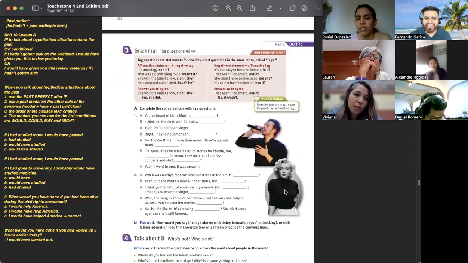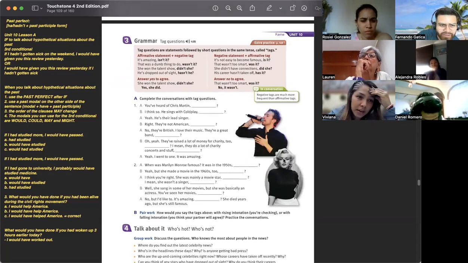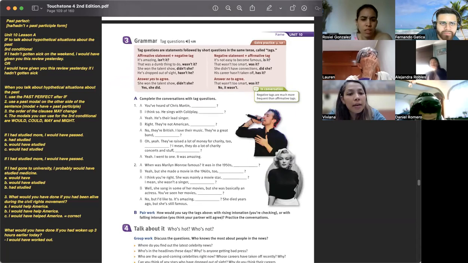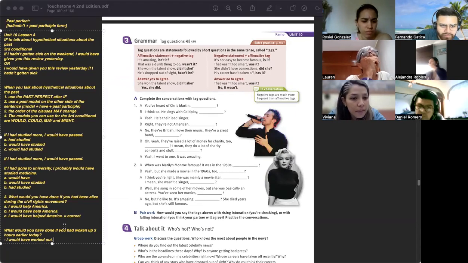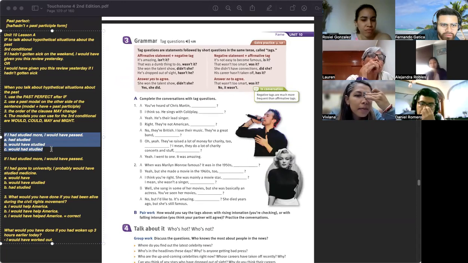Teacher, when I use would, could, may, the verb doesn't change? What do you mean? On the first example. This one? Okay. With would have, the verb does change, yes.